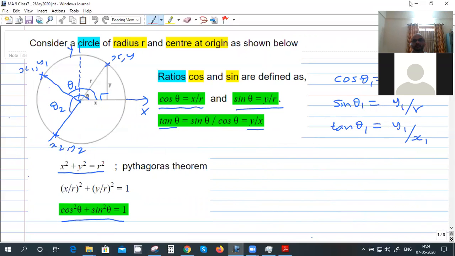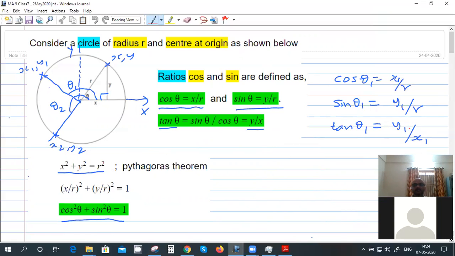Okay. So when theta goes to 90 degrees, the definition of cos theta is x by r. Since sometimes x is being used for angle, instead of x I can take x1 also. Okay, so basically cos theta is x by r.